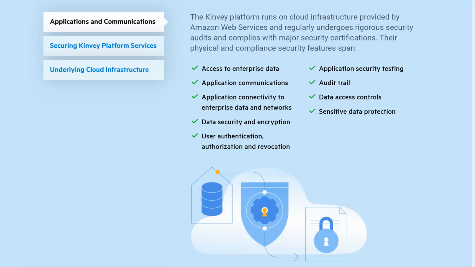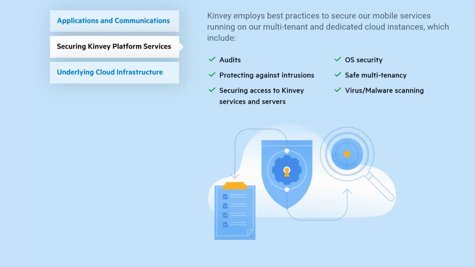But then we also go on the level of securing the Kinvey platform services. So we want to make sure that each layer is being taken care of. So with this part, we always employ the best practices and secure our mobile services running on our multi-tenant and dedicated cloud instances. So you see we do audits, we protect against intrusions, and I have a talk in here on security as well.